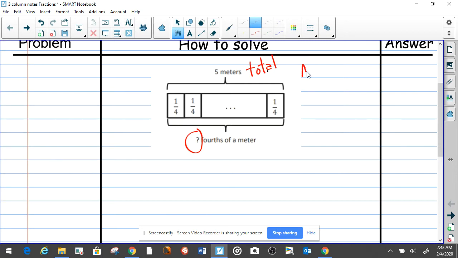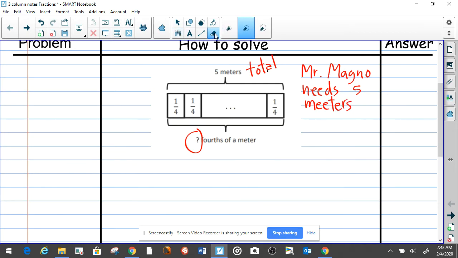Mr. Magno the cowboy needs 5 meters of rope. Let me correct that spelling error here. There it is.